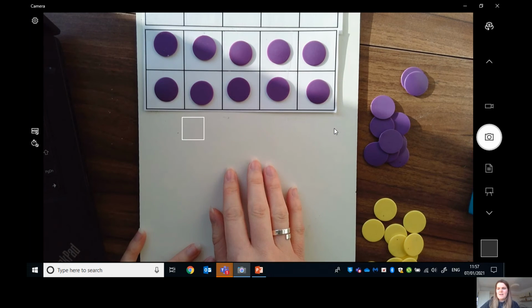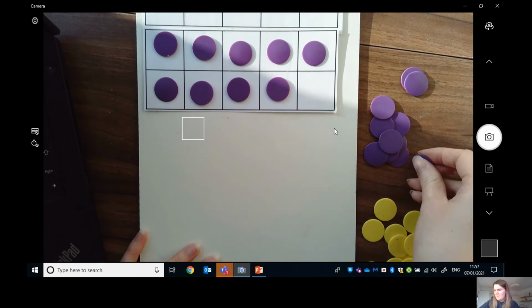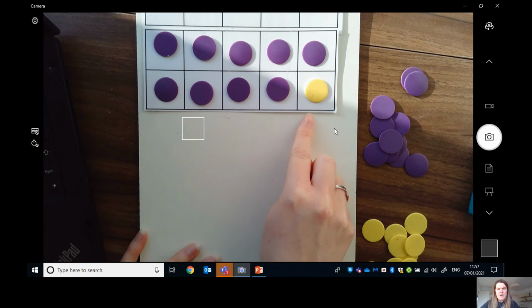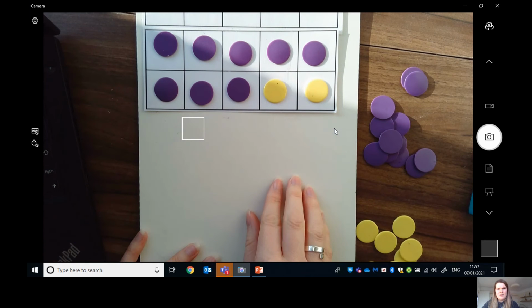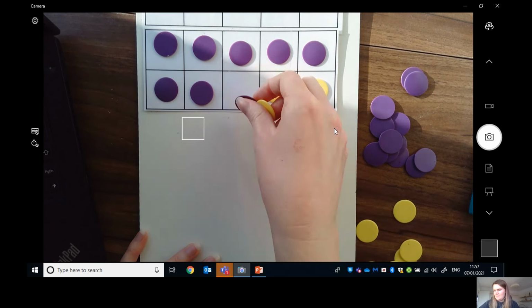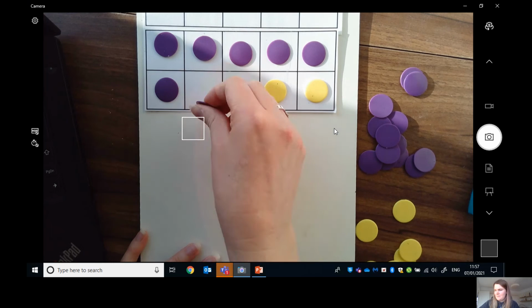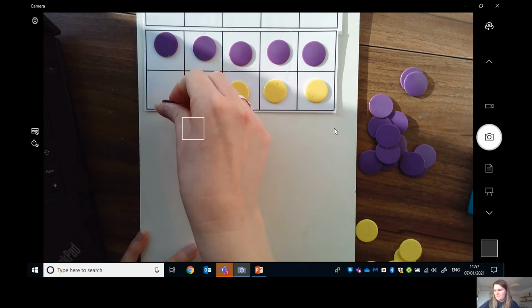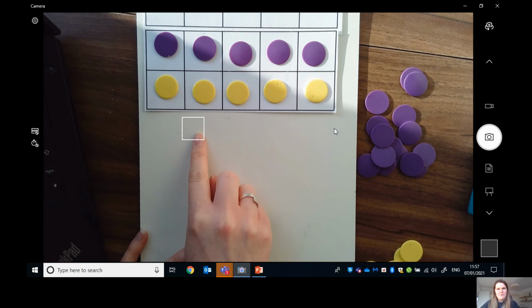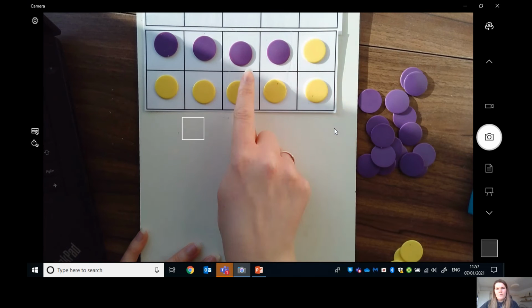First off, I have 0 plus 10 is 10. 9 plus 1 is 10. 8 plus 2 is 10. 7 plus 3 is 10. 6 plus 4 is 10. 5 plus 5 is 10. 4 plus 6 is 10.